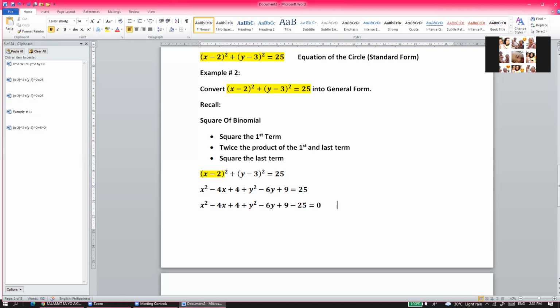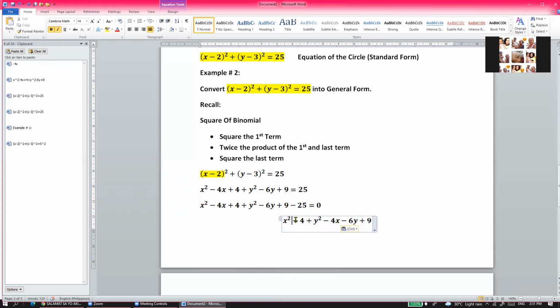And then afterward, i-arrange ko yung mga term. Mauna yung mga may mataas na exponent, gitna naman yung mababang exponent ng x and y, and then mauuli yung mga numbers. So that's the way we arrange. But definitely, magsisimula ako sa x squared. Cut ko yan, lagay ko siya dito.